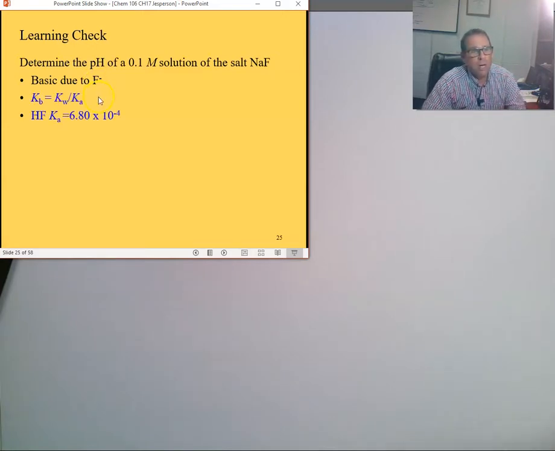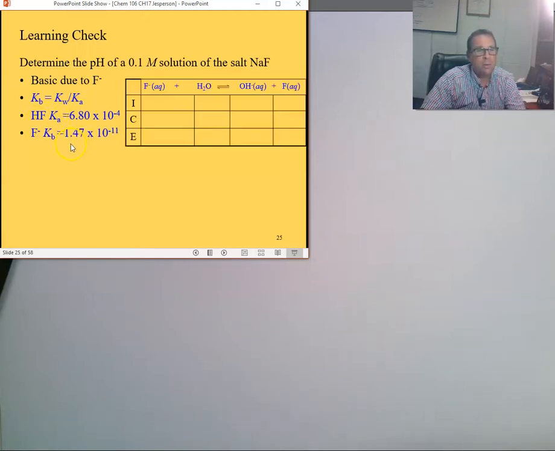We can look at fluoride ion behaving as a base, right? And the Kb, so if we knew the Ka for HF, then the Kb for the conjugate base of HF, which is F minus, would be this relationship, right? Ka times Kb equals Kw, or Kw divided by Ka equals Kb.